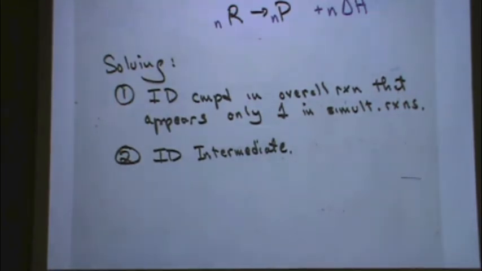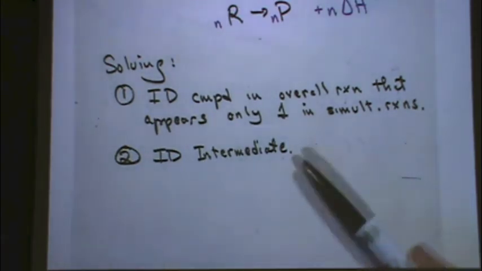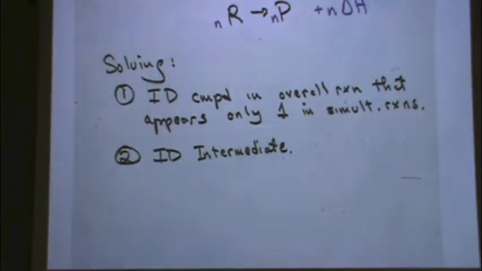Does an intermediate appear in the simultaneous reactions? Yes, definitely. So you're going to find something that appears in the simultaneous but not in the overall. That's called an intermediate because it disappears before you get to your overall reaction. You want to ID the intermediate, and then you're going to manipulate until it cancels.